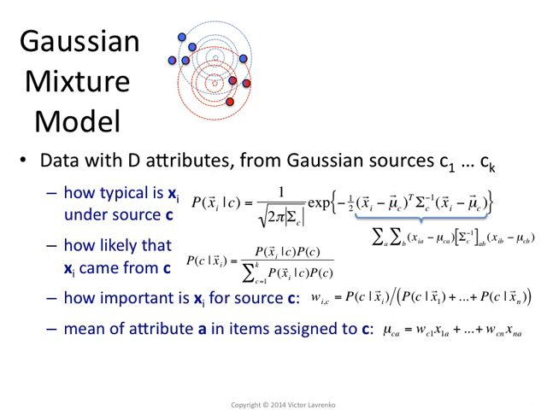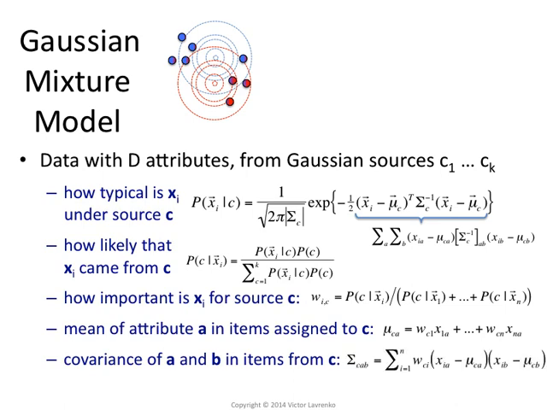For attribute a, it's just going to be the average of the values of items that were assigned to Gaussian c, weighted by the weights that I computed in the previous step. So I add up all the values of attribute a across all the data points, and each value is skewed by the importance of instance i to Gaussian c.